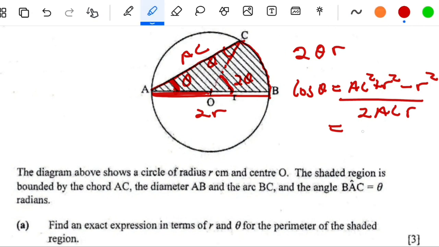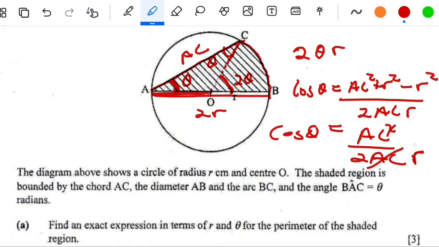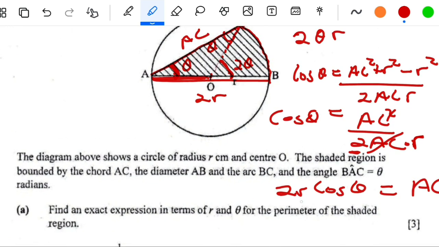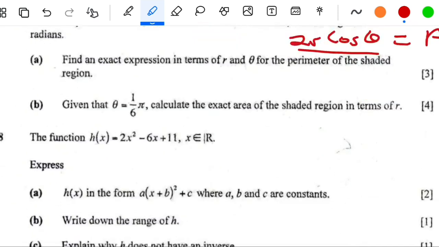So what we are going to remain with is what? AC squared over 2AC equals cos theta, and here we are going to cancel. Here we have r again. I'd forgotten r there. So what is going to happen? We're going to have this r and 2 making us 2r cos theta equals AC. So now we have this one as our AC.